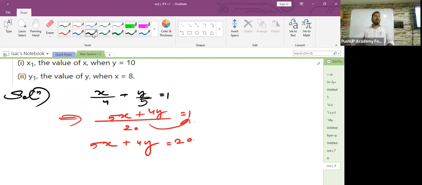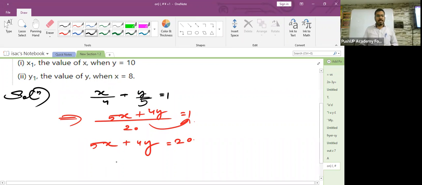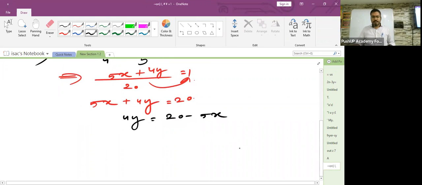Now we can express y in terms of x. 4y is equal to 20 minus 5x. So y is equal to 20 minus 5x, whole divided by 4.